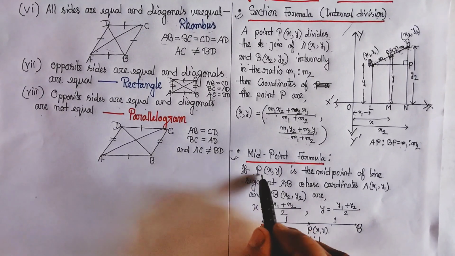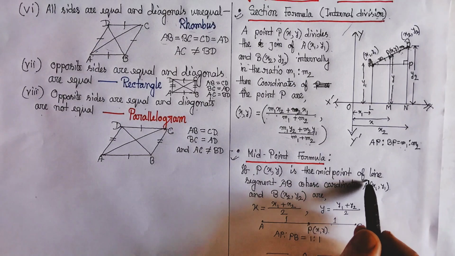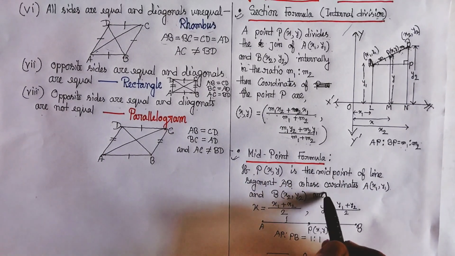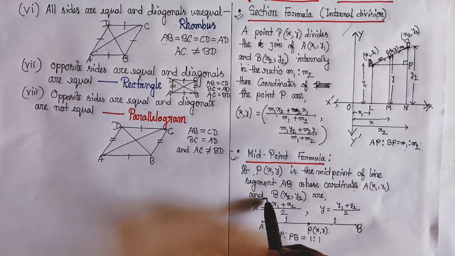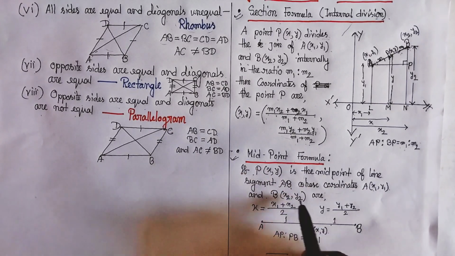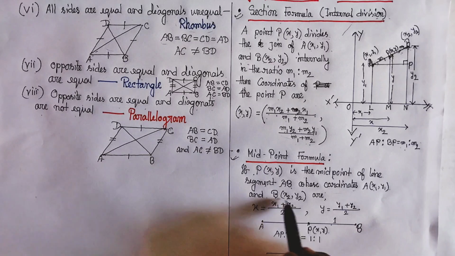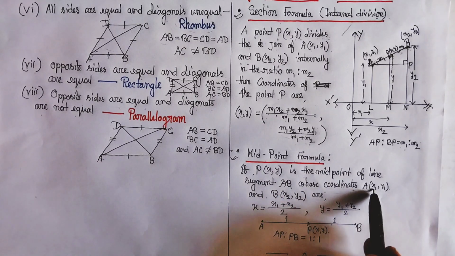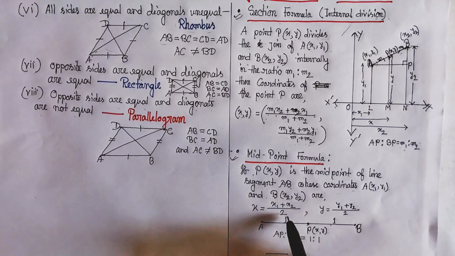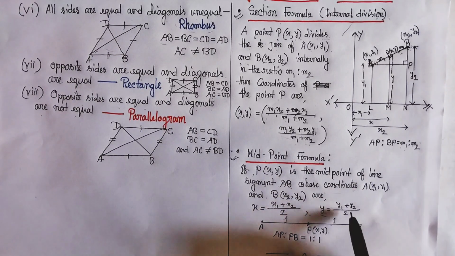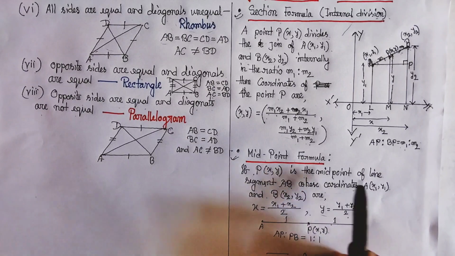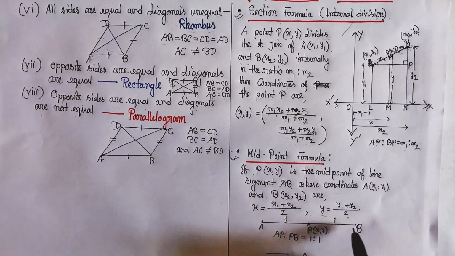If P (x, y) is the midpoint of line segment AB whose coordinates are A (x1, y1) and B (x2, y2), then the x coordinate is the sum of x coordinates divided by 2, that means (x1 plus x2) divided by 2. Again the y coordinate is the sum of y coordinates divided by 2. Midpoint means a point divides a line segment into 2 equal parts.